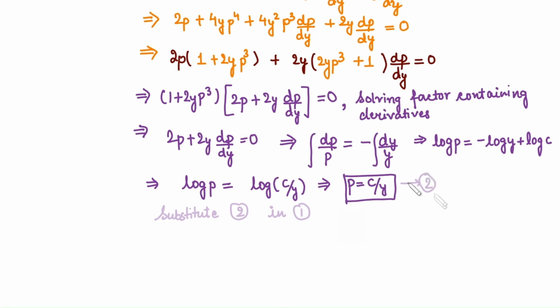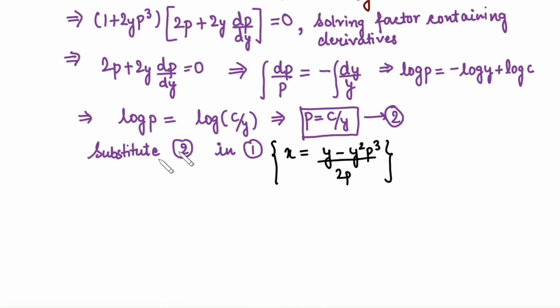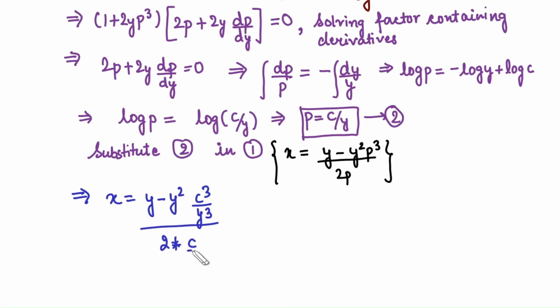The next step is to substitute this 2 in a 1. What is a 1? That is here. We need to substitute the value of p here so that we can eliminate p and it results in a function of x and y, and that is the general solution of this differential equation. So this results in the value of x is equal to y minus y square p cube, that is c cube by y cube, divided by 2 into p, that is c by y.